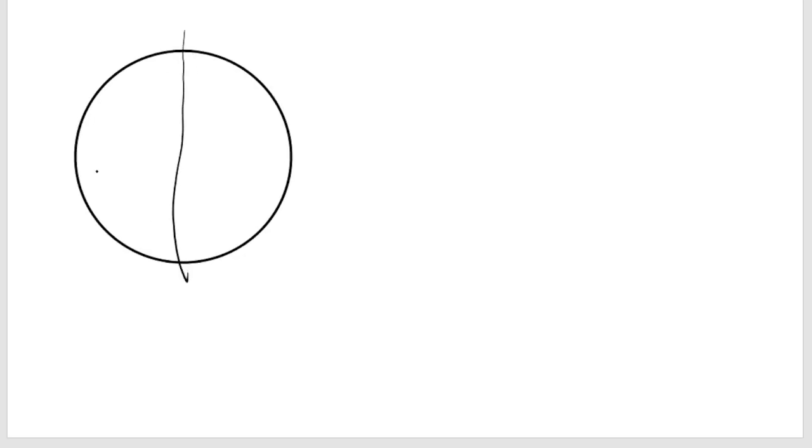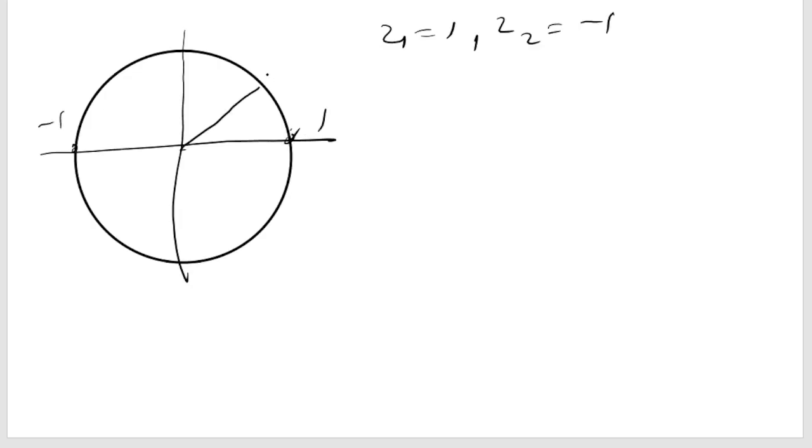Now we can find the corresponding roots. One root is 1, the other root is minus 1. These are the two. Now this root is at pi by 3.